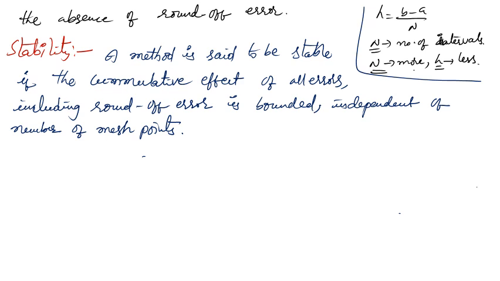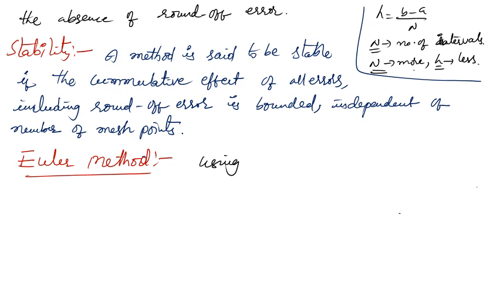And the next one, in single step methods, according to the different schemes, forward, backward and central difference scheme, we have the methods. The first method is the Euler method. There are so many cases in the Euler method. Let us see the first one, using the forward difference scheme.